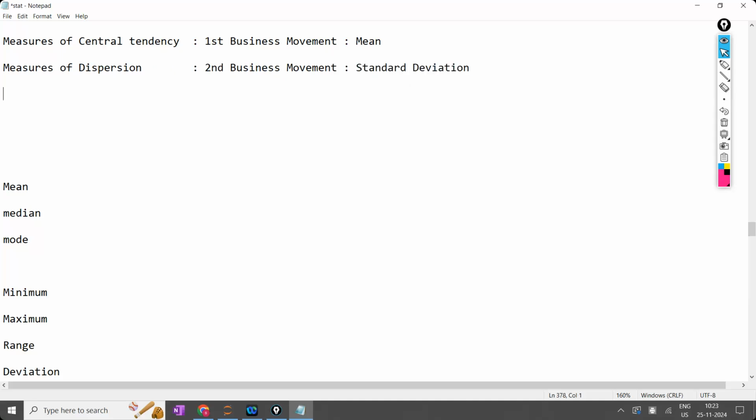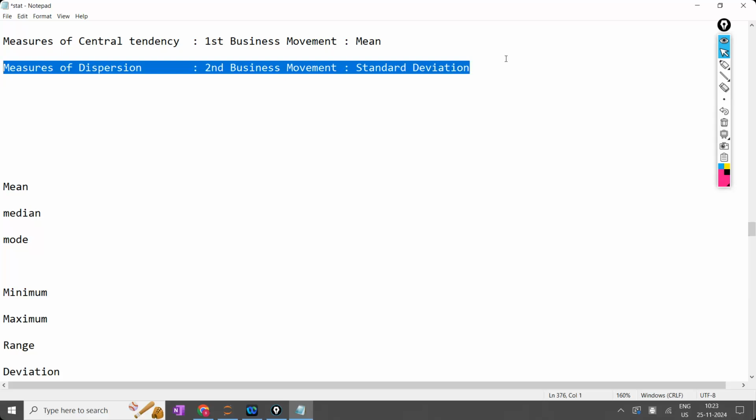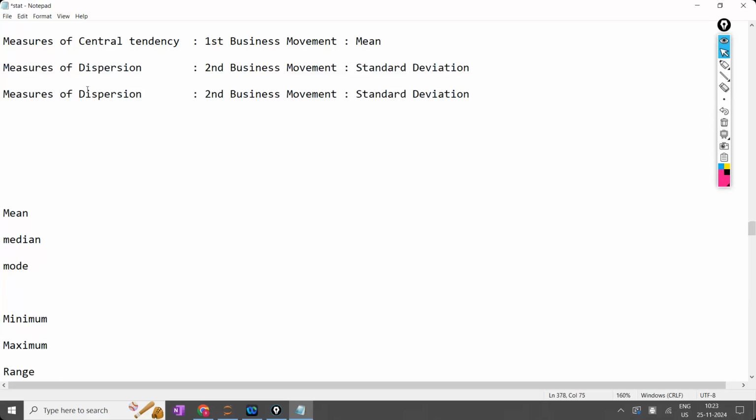Now coming to the third one: how the data distribution shape is looking. The third one is called measures of shape, which is your third business moment, which is skewness. These are the three: first business moment, second business moment, third business moment.